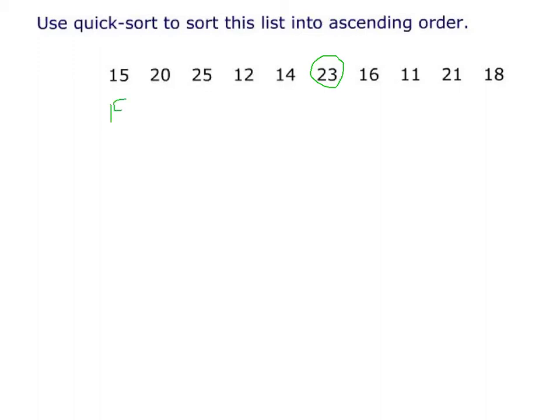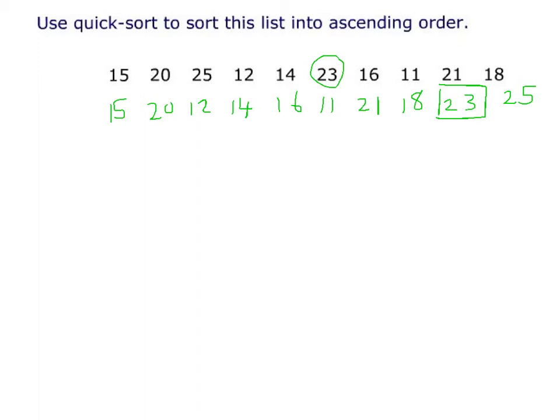So, we're going to have 15, 20, 12, 14, 16, 11, 21, 18, 23 is our pivot, and the only number that happens to be in this list greater than 23 is 25. Notice how I've changed it to a box now around the 23. This is because my 23 is now fixed and we shan't worry about that anymore.